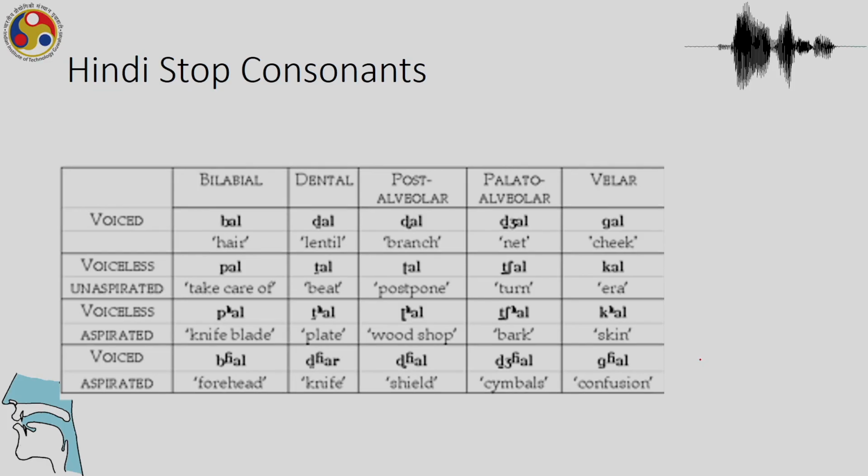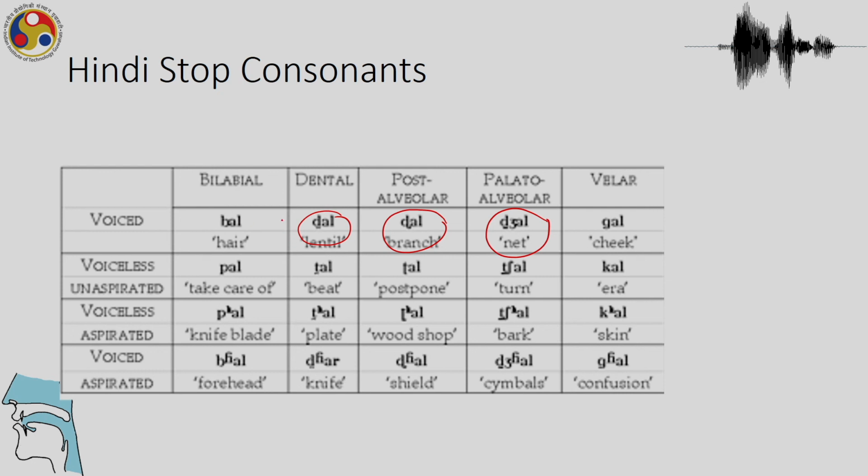So continuing our discussion on consonants, we can see that different languages will make use of different places of articulation. We just now saw some Hindi examples where Hindi has dental stops, and Hindi has alveolar, post-alveolar retroflex stops, and has a palato-alveolar affricate.